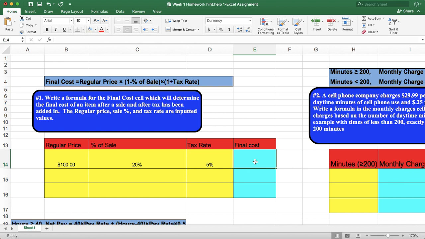We can actually compute it in our minds. 100%, 20% off, that means $80, and the tax rate of 5% on $80 is $4. So the final cost is $84.